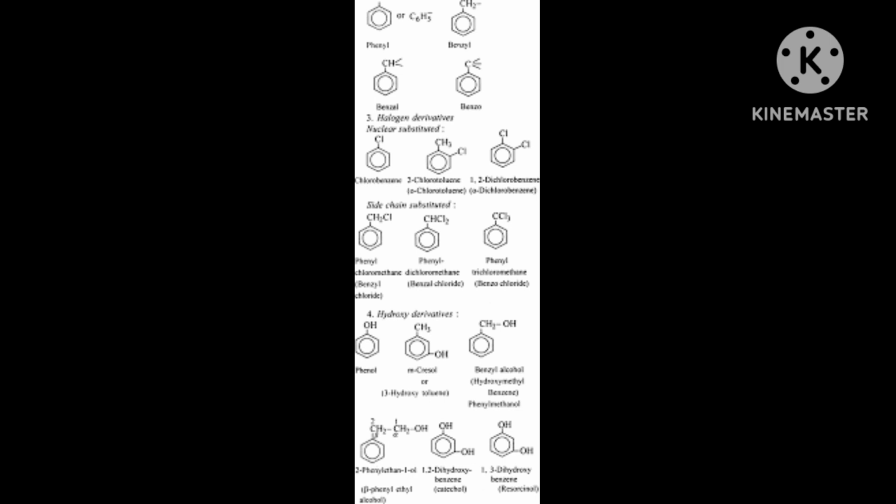And the IUPAC name is methylbenzene, because one methyl group is attached to benzene. Its IUPAC name is methylbenzene, also called toluene. Popularly it is known as toluene.